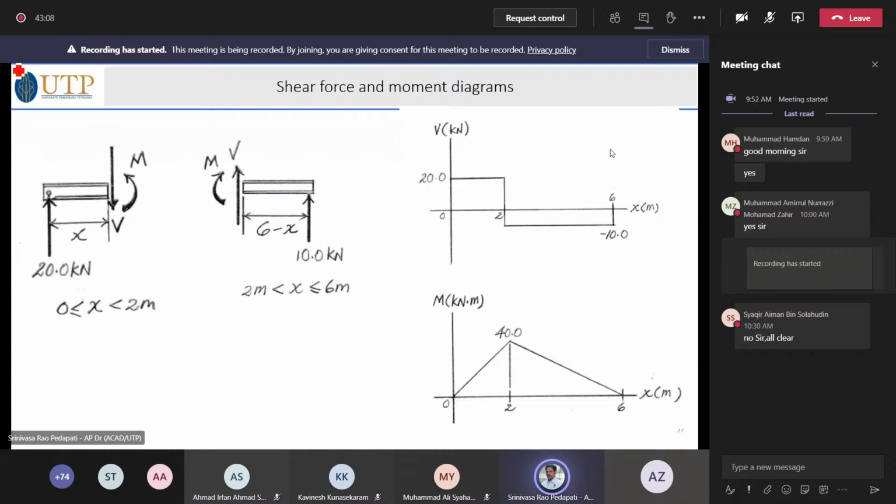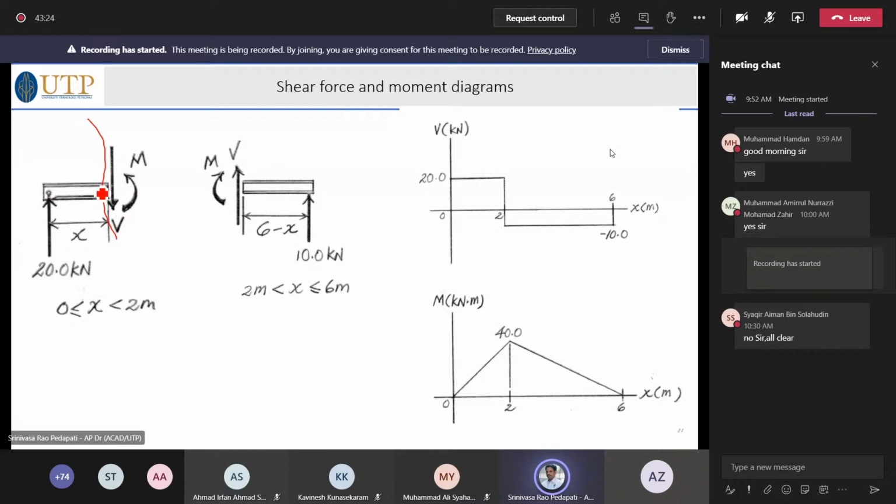So here, if you take the section on the left side of the beam, it shows 20 kilonewton up, and the reaction here is V downwards and moment.